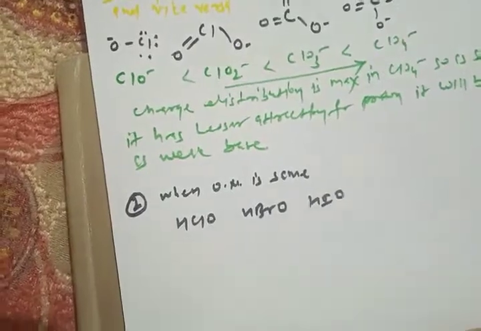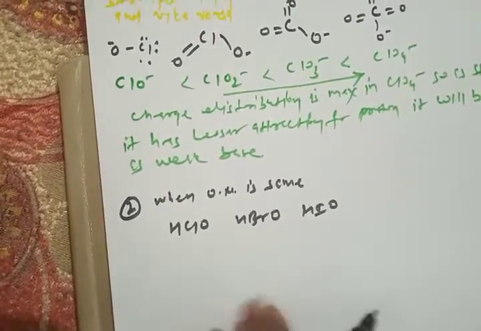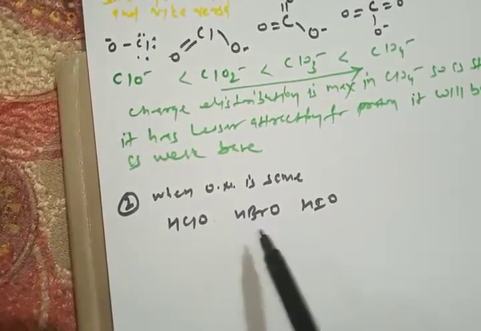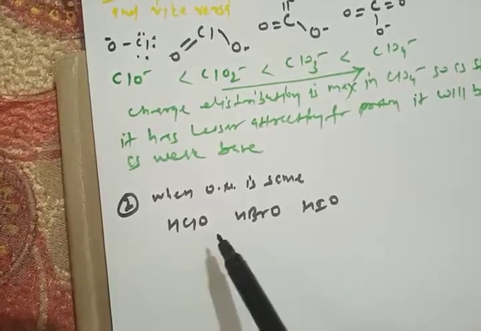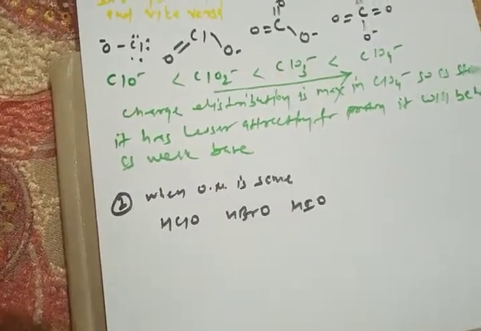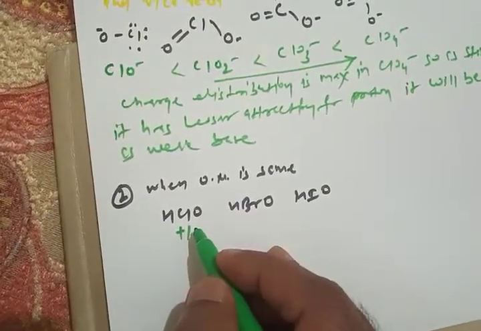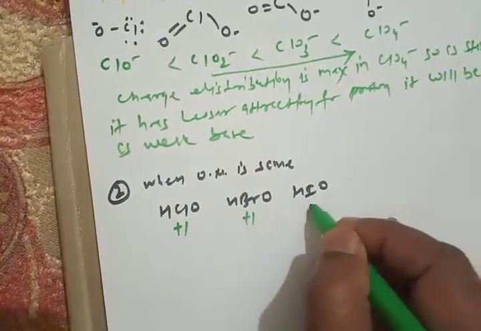I'm not doing HFO because of its very small size, it cannot form easily. So only three. In this case, what will be the order? Here the central atoms are the halogens, and in every case the oxidation number is the same, +1 in each.